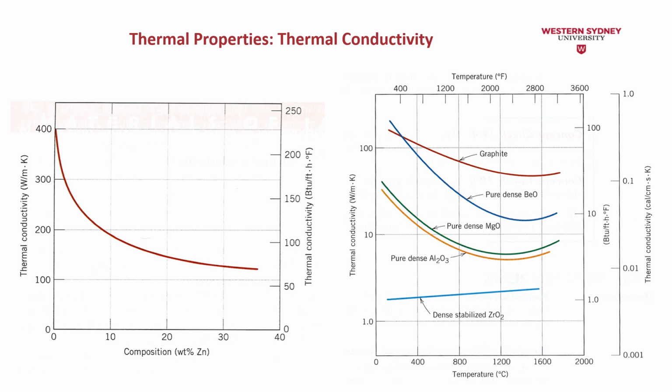So we come back once again to the thermal conductivity graph. You can see here for the compositions of the copper and the zinc, the thermal conductivity will change depending on the composition of the alloy. Usually the pure metal is going to have better thermal conductivity than the alloys.